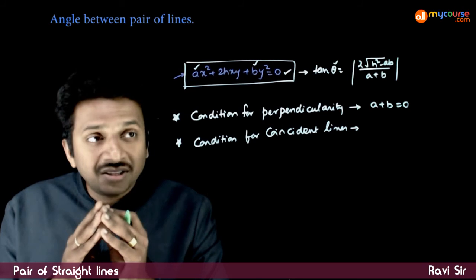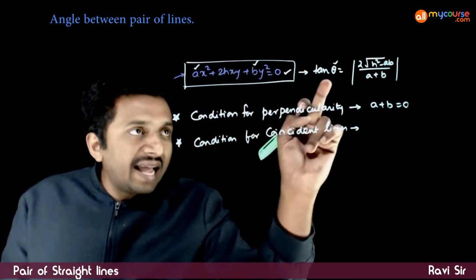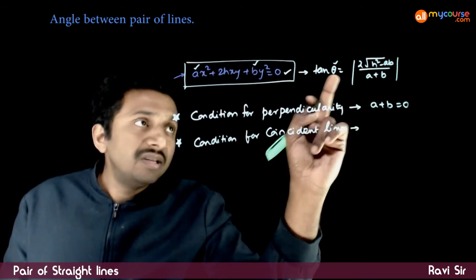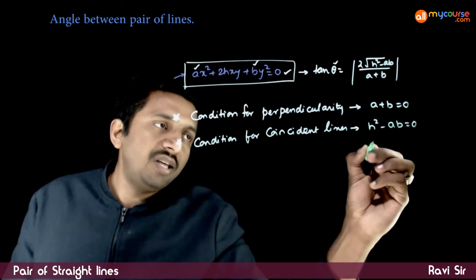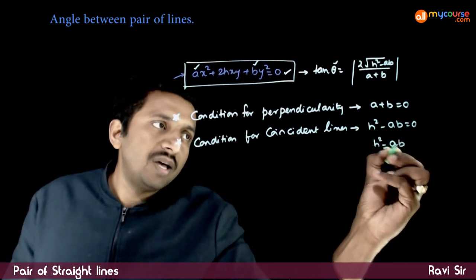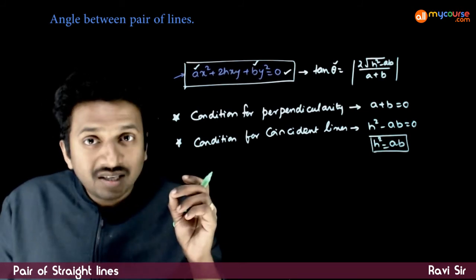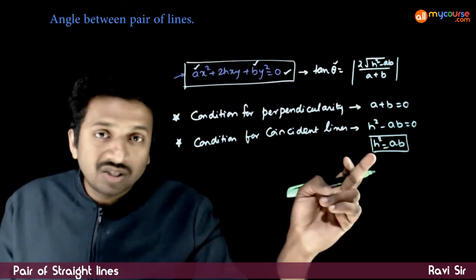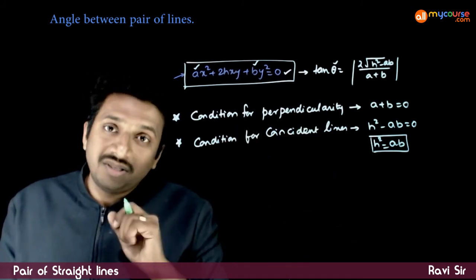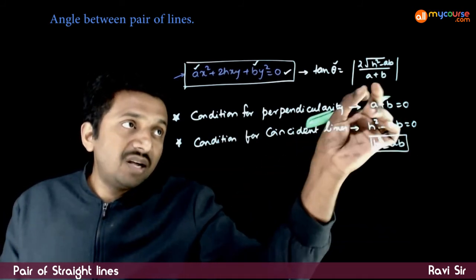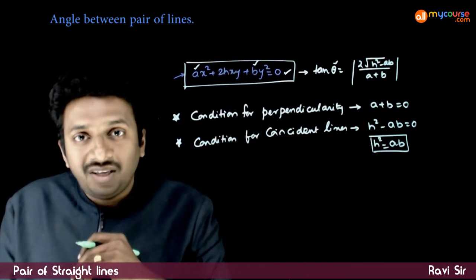So what is the condition that both the lines are coincident? The angle has to be equal to 0. So h square minus ab has to be equal to 0, or h square is equal to ab. So if h square is equal to ab, then the lines are coincident. If a plus b is equal to 0, then the lines are perpendicular to each other.